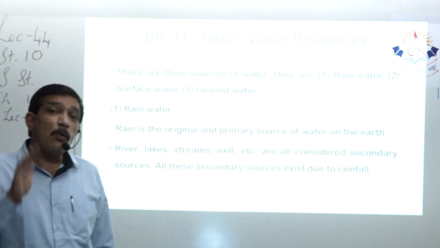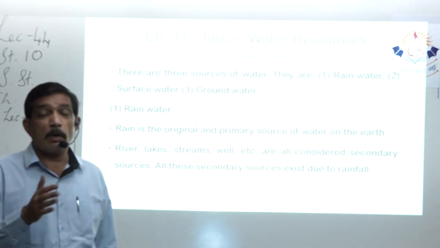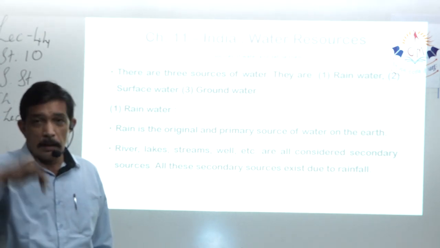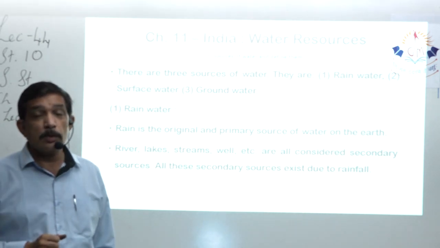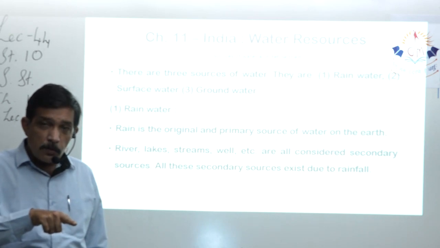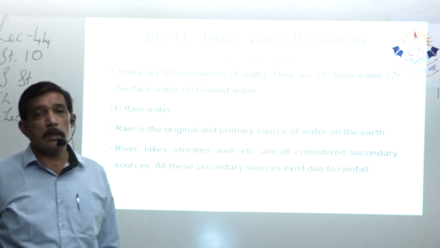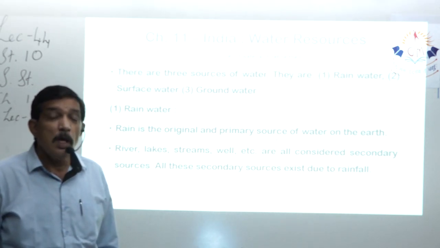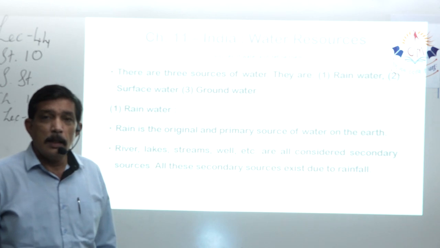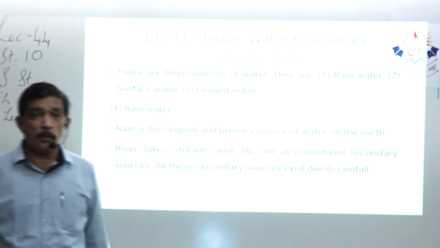Now where did this water come from? If I'm talking about lakes and ponds, that lake and pond would dry up if rain would not have come. So for surface water also, rainwater is the original source of water. That makes surface water secondary and rainwater the primary source.